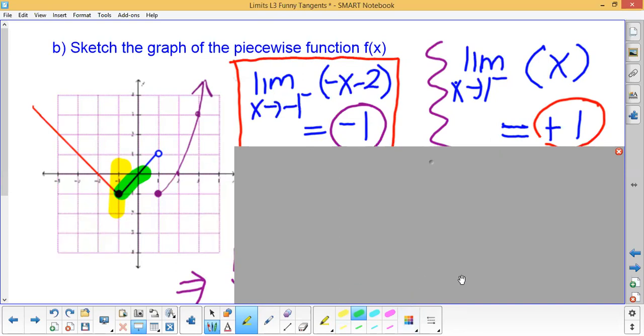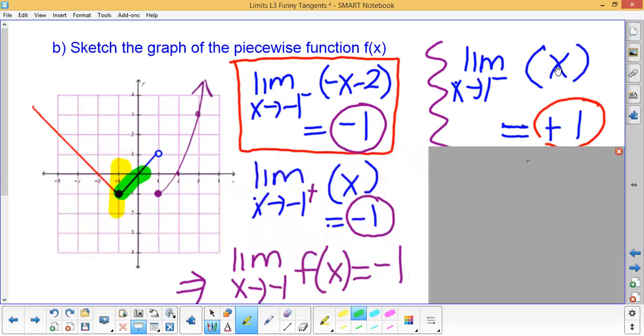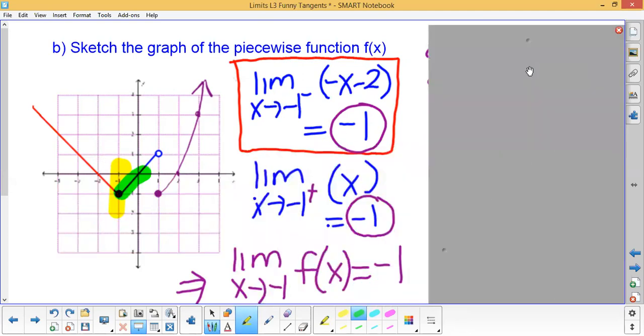Okay, I'm approaching negative 1 from the right of x, and that value is also equal to negative 1.